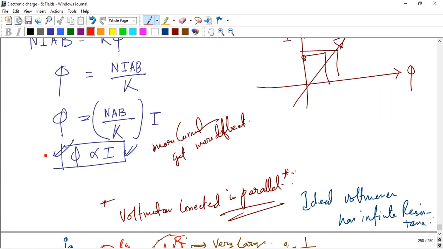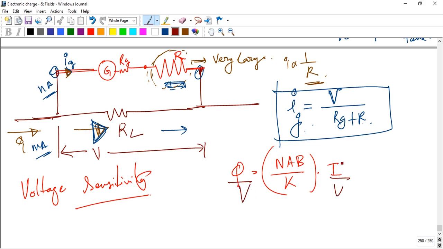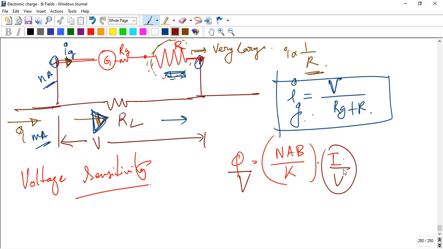From that equation we get phi equal to NAB by K times I. That's the whole constant times I. So for voltage sensitivity, we divide by V on both sides, and I by V is equal to 1 by R. So phi by V is equal to NAB by K times 1 by R.